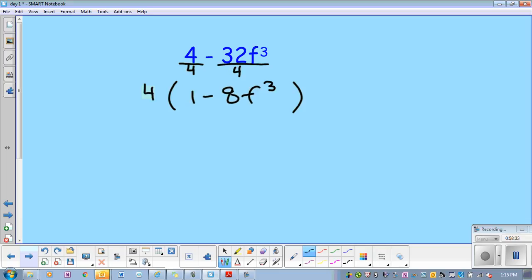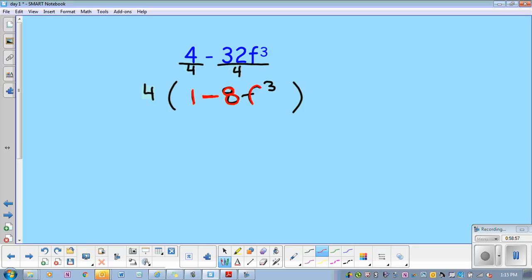All right, so with this one, Jaden asked, how do you know that you use SOAP instead of DOTS? Well, this one has a minus, and it has 2 terms. So maybe it is DOTS. 1 is a perfect square, but it's also a perfect cube. But 8 is not a perfect square. 8 is a perfect cube.